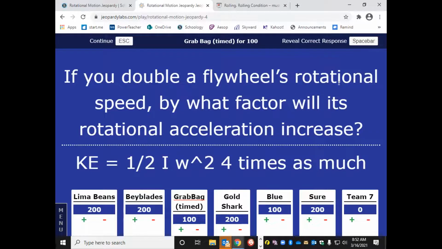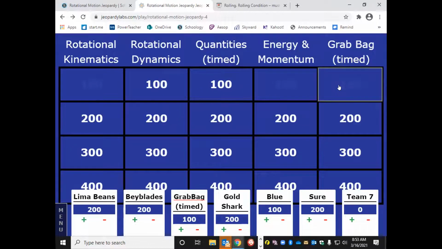I think that's a bad question. It should have said, if you double the flywheel's rotational speed, by what factor does the rotational kinetic energy increase, in which case it would be 4. That wasn't the question, though. I'm sorry, that's my bad. Okay, no points for that one. Grab Bag, do you want to pick a different one?